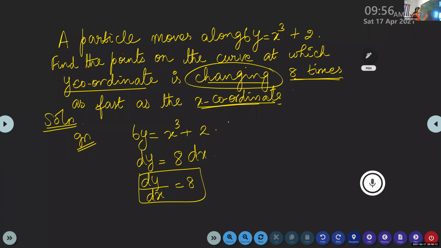What is the curve's equation here? It is 6y is equal to x cube plus 2. From here, is it possible to find dy by dx? Tell me what is dy by dx by differentiating this one. By differentiating this, what you will get?